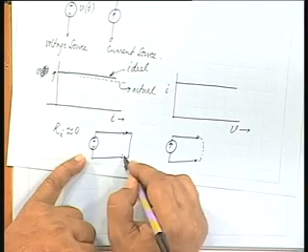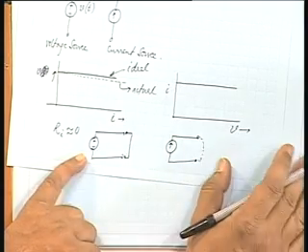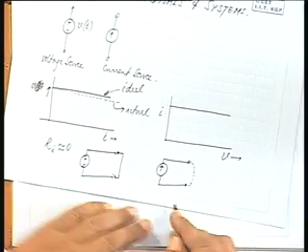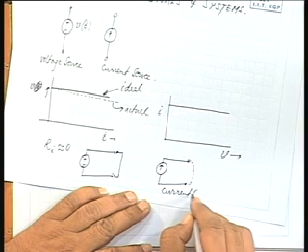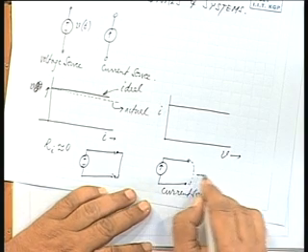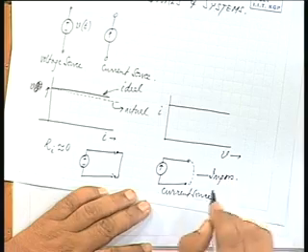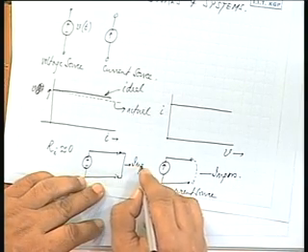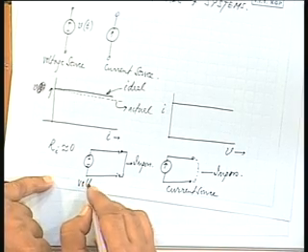Similarly, short circuit condition for an ideal voltage source is also an impossibility. So, this is current source, this is impossible, this is also impossible for a voltage source.